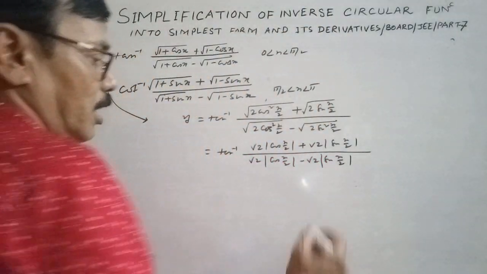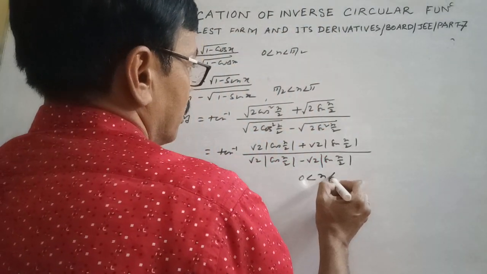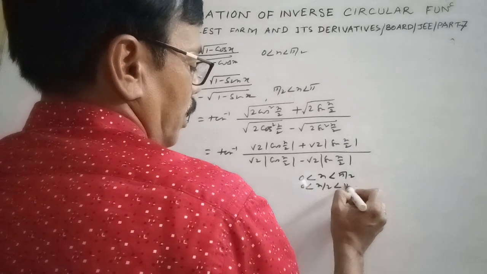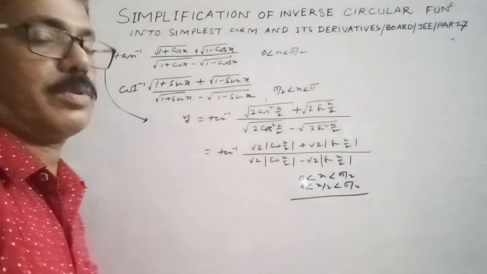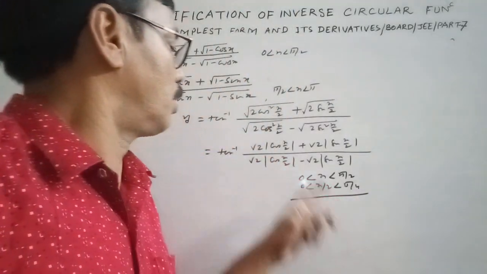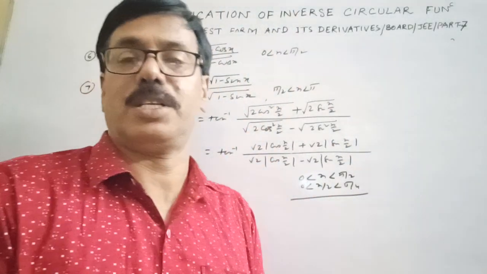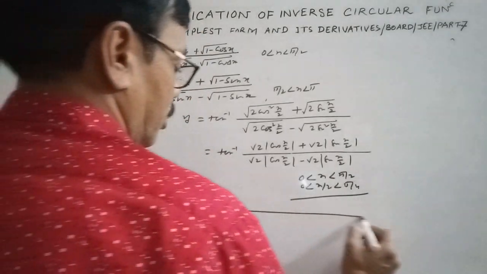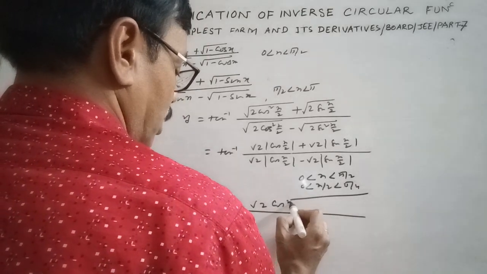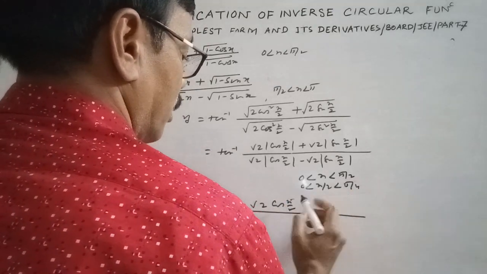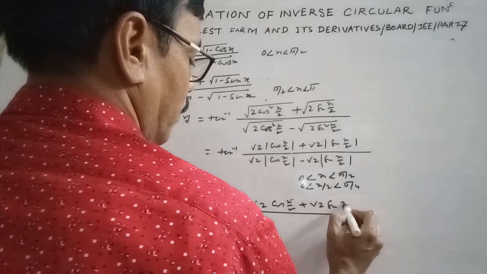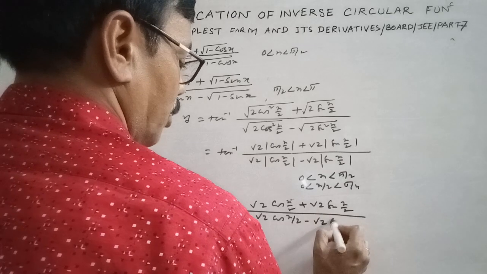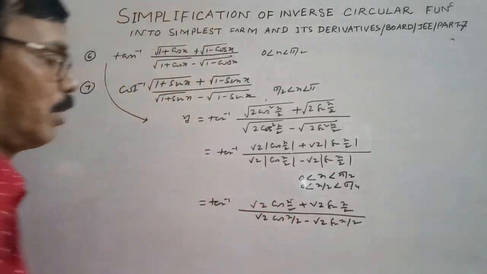Then see the restriction, 0 less than x less than pi by 2. So this implies x by 2 lies in 0 to pi by 4, so both cos x by 2 and sin x by 2 are positive. Then you can write tan inverse of root 2 cos x by 2 plus root 2 sin x by 2 over root 2 cos x by 2 minus root 2 sin x by 2.